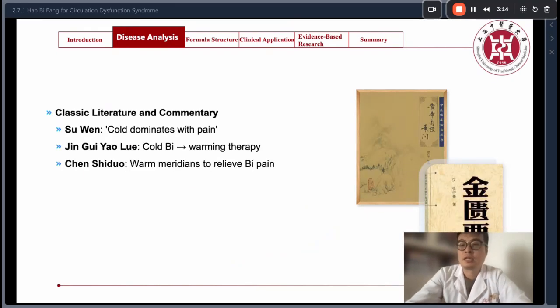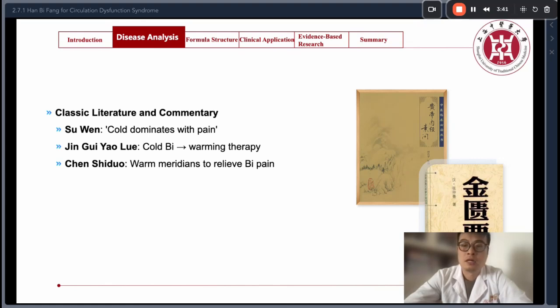The classics give us strong guidance here. The Suwen simply puts it: cold causes pain. That sums up the cold B mechanism in one sentence. In the 金匮要略, warming therapies are recommended as first-line treatment for cold type B syndrome.